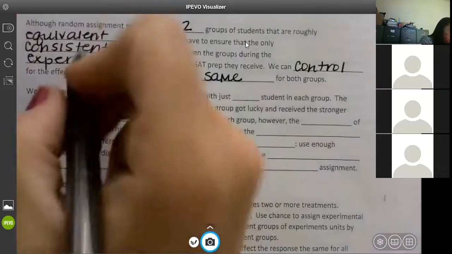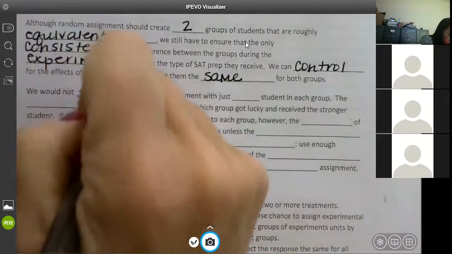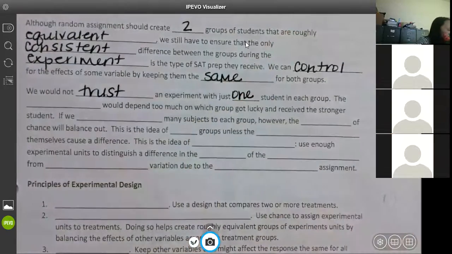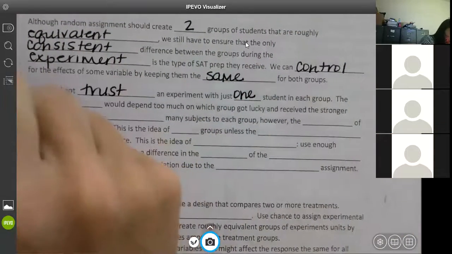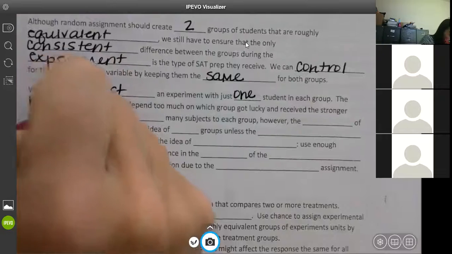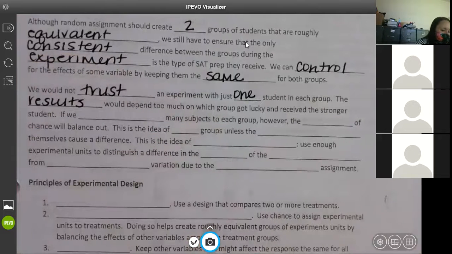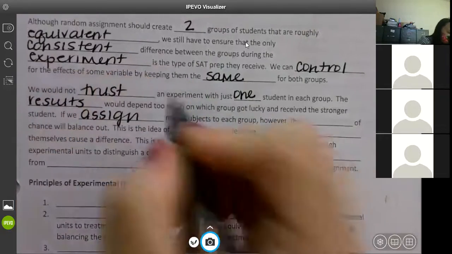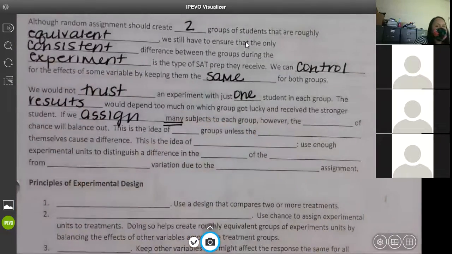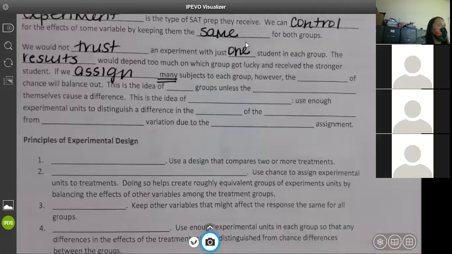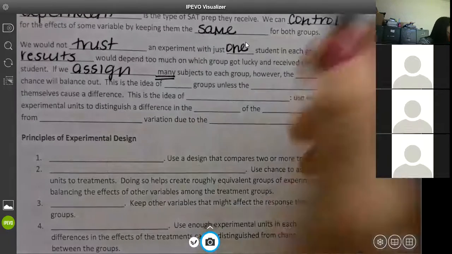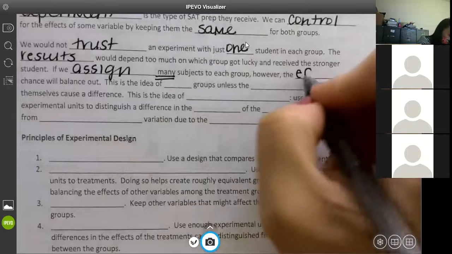We would not trust an experiment with just one student in each group. The results would depend too much on which group got lucky and received the stronger student. If we assign many subjects, that's important, a lot of them, to each group, however, the effects of chance will balance out.